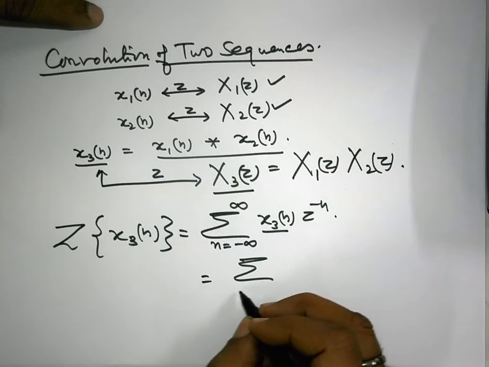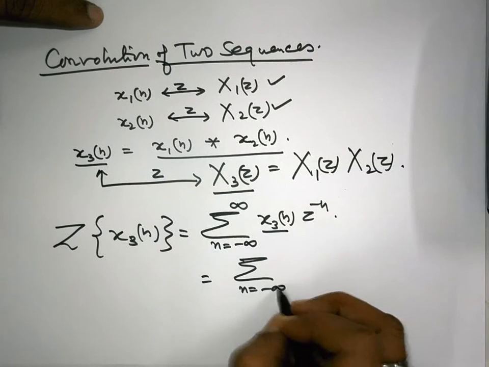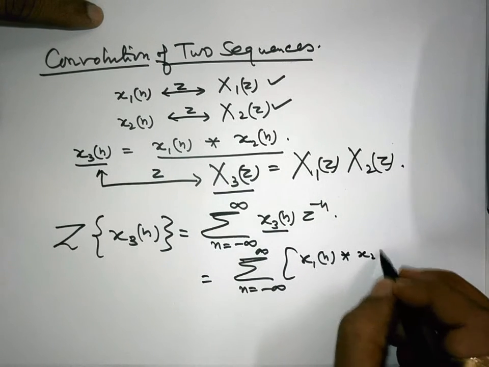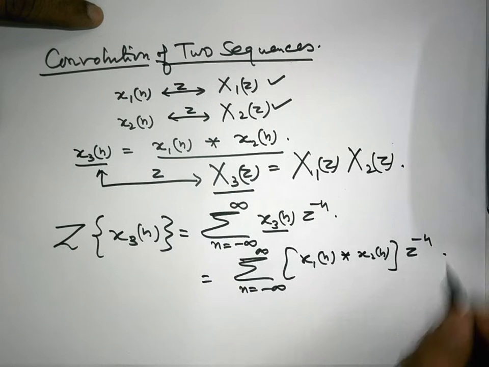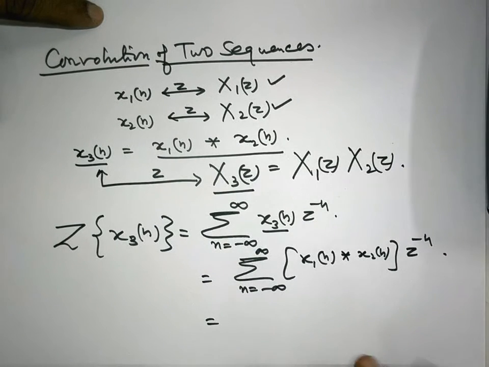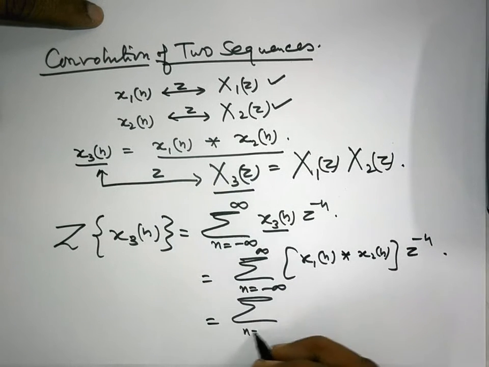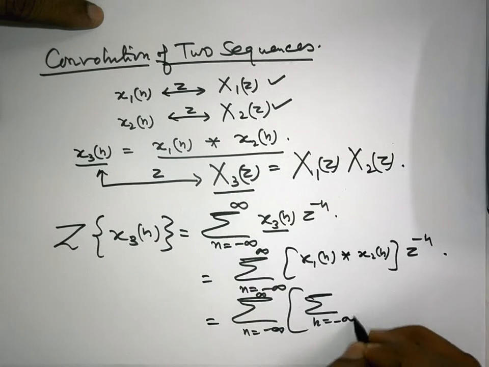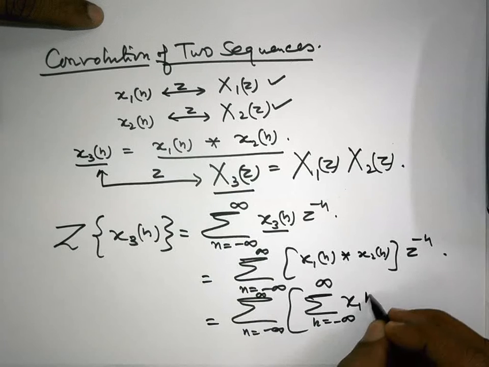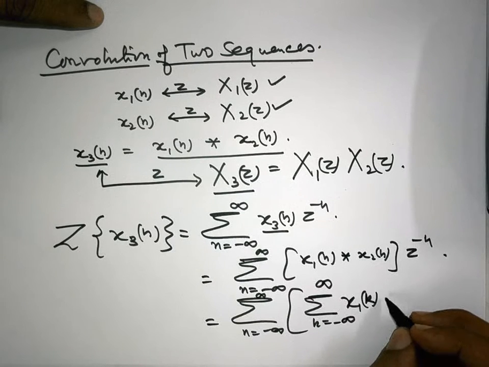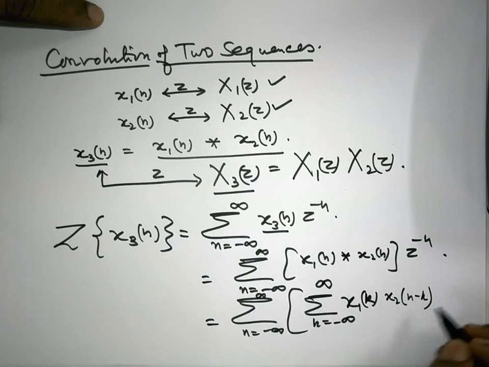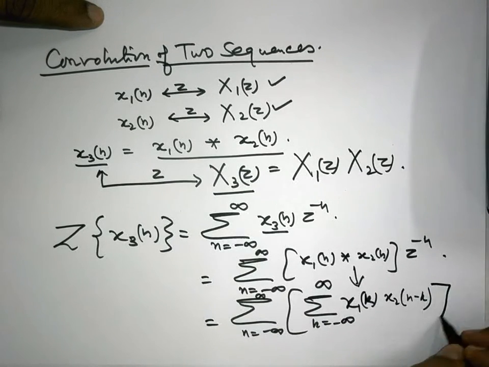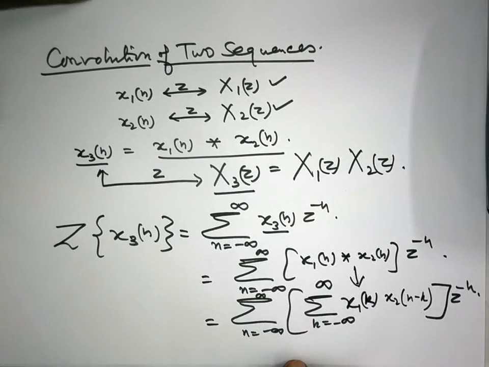So here we put the convolution relationship: summation over n of x1[n] convolved with x2[n], times z to the power minus n. And the convolution relationship is summation over k from minus infinity to infinity of x1[k] x2[n minus k], times z to the power minus n.